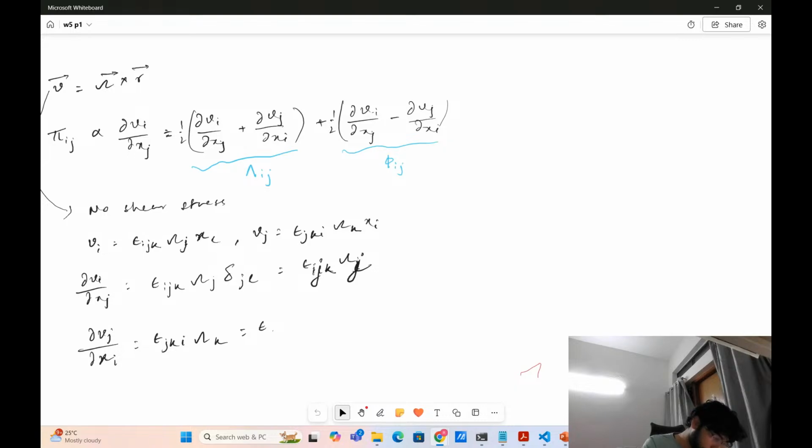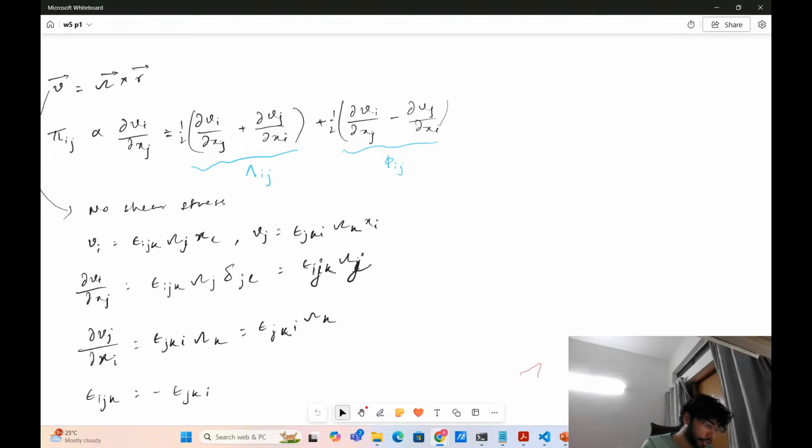Here k is a dummy index. Now there is a property of this Levi-Civita symbol, which states that epsilon ijk equals minus epsilon jki, right?